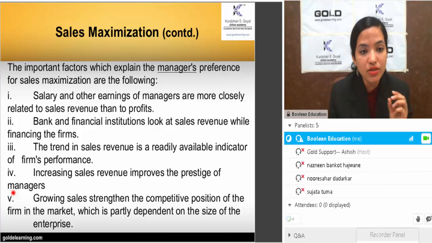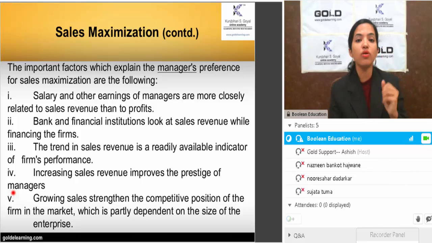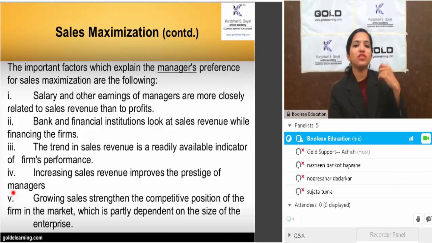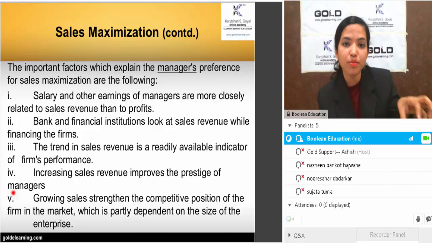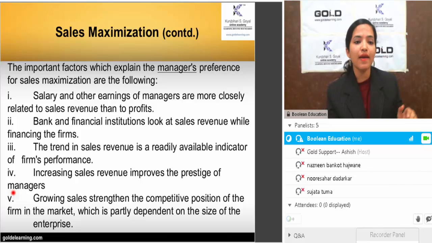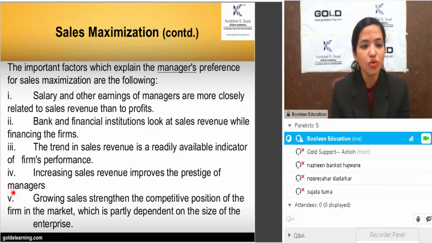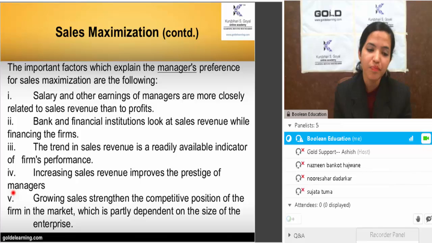So when managers are running the firm and owners are just taking decisions or just signing the papers कि चलो हाँ ये करो वो करो, managers are the real people who are working, so they will aim at maximizing their sales and not the profits.